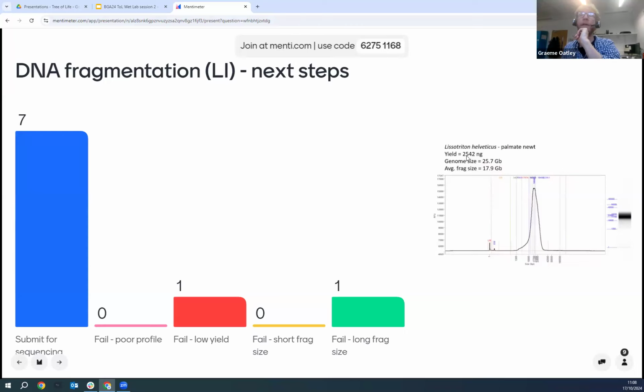I would say the yield is 2,542. Over low yield, there is a very strong case that there is low yield because the genome size is close to 26 gigabases. And so we know that submitting 2.5 micrograms of DNA is not going to be enough to get coverage for a 25 gigabase genome. But what we would do is still submit for sequencing, but know that we still have to do maybe 3 or 4 more extractions for the species and submit that for sequencing.